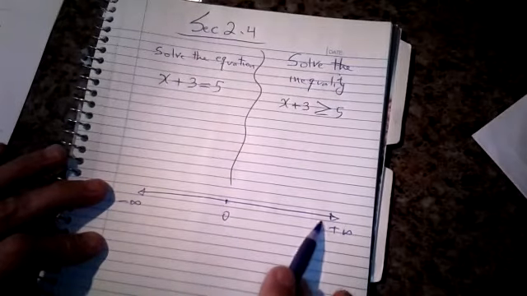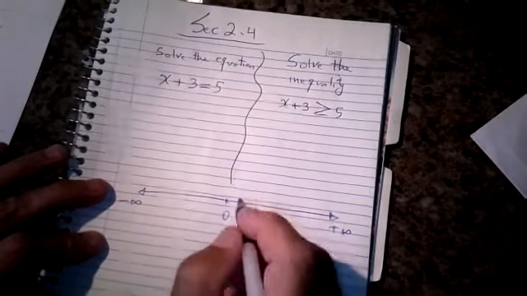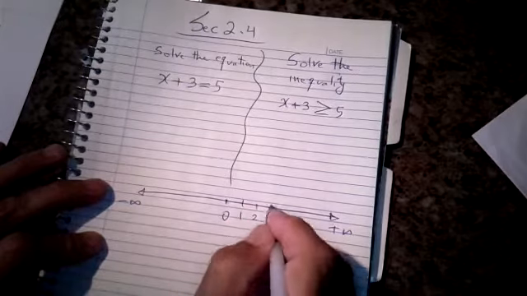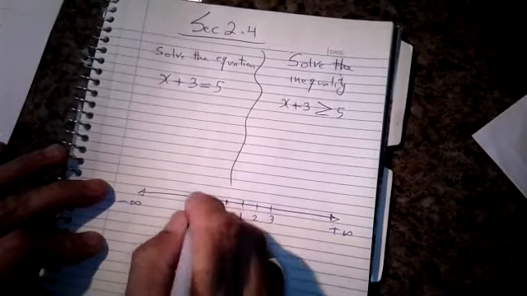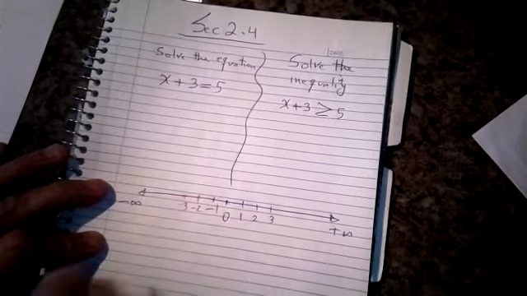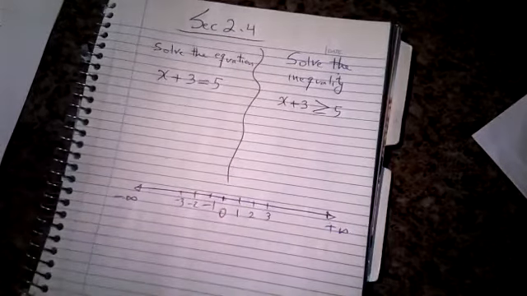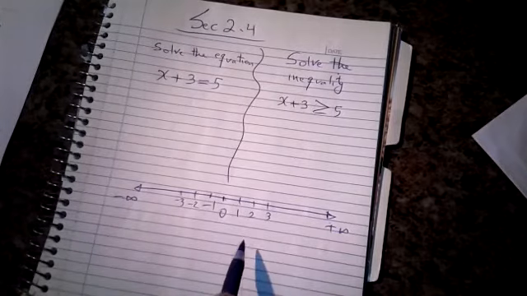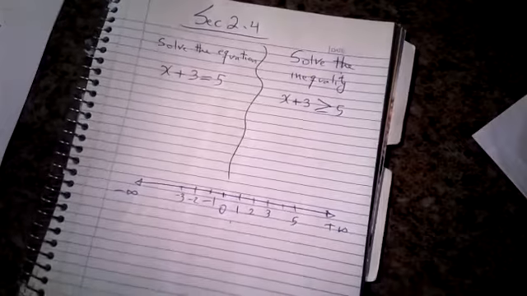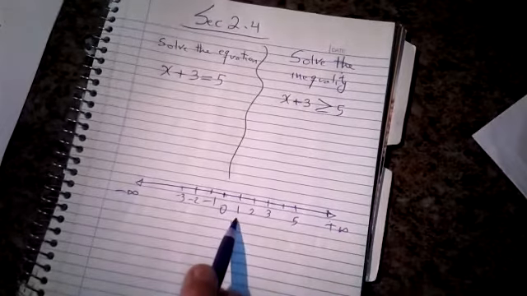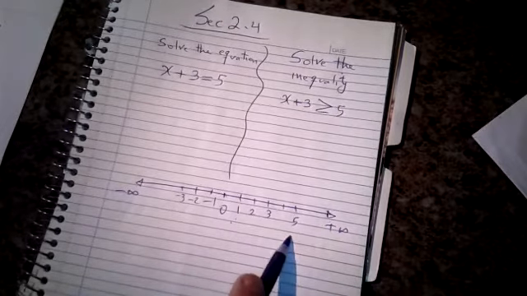Numbers, as you go to the right, they all increase. As you go to the left, they decrease. Like, let's say 1 and 5. You understand that 1 is less than 5.